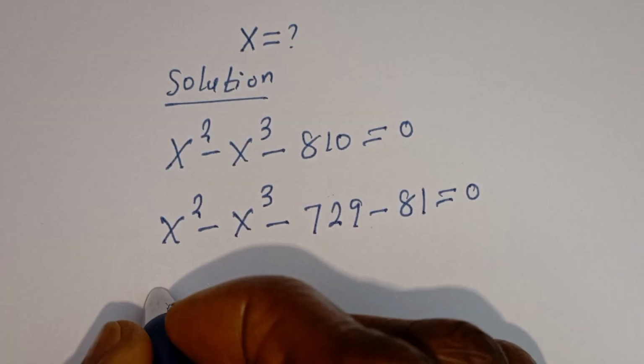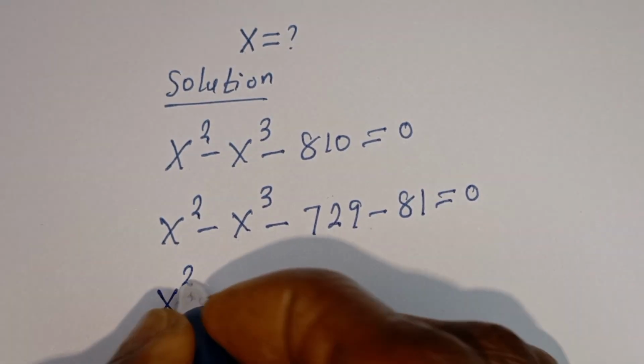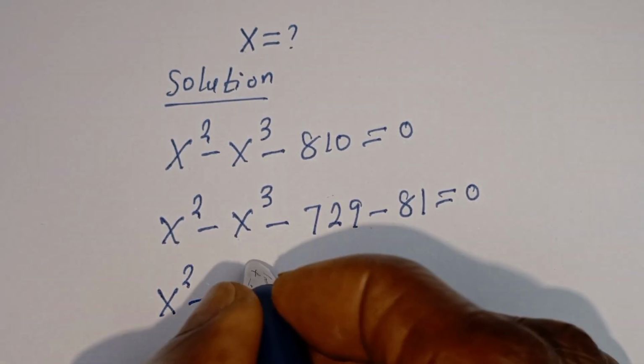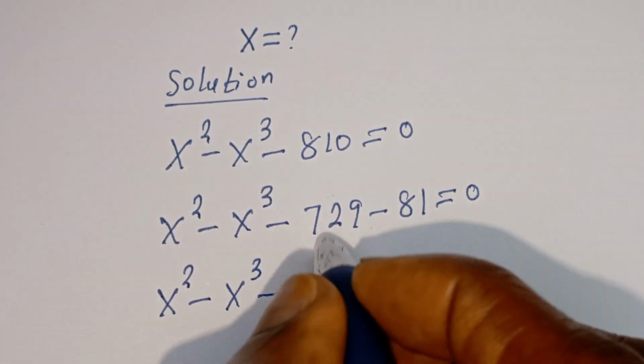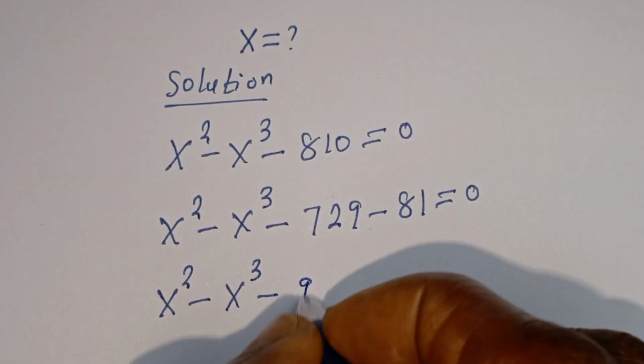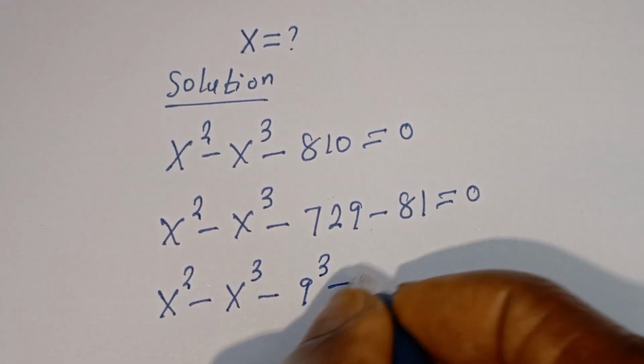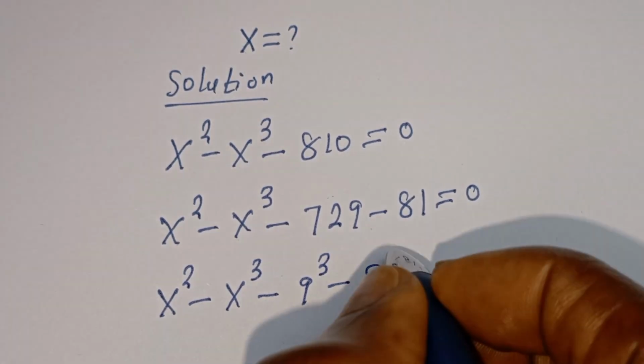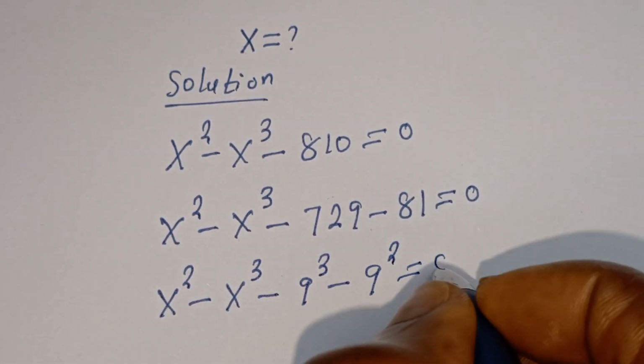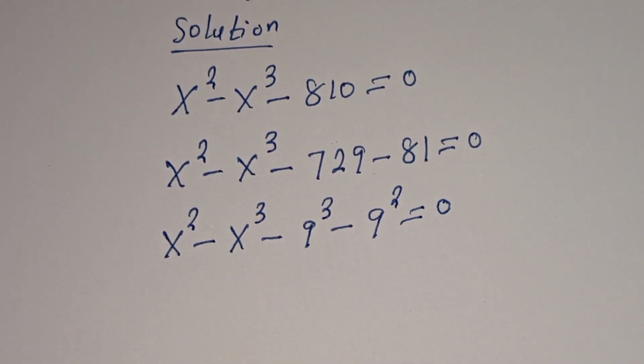Then we have s squared minus s to the power of 3 minus 729, which can be written as 9 to the power of 3, minus 81, which can be written as 9 squared, is equal to 0. Let's pair this.